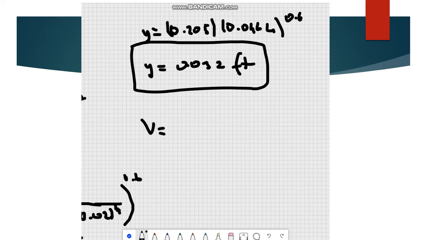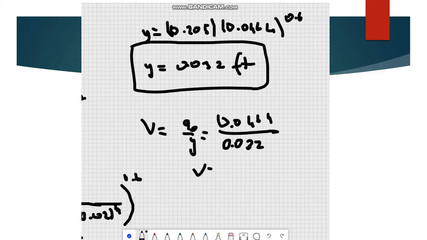Velocity, as we used, is Q0 over y, which is 0.0464 over 0.032.